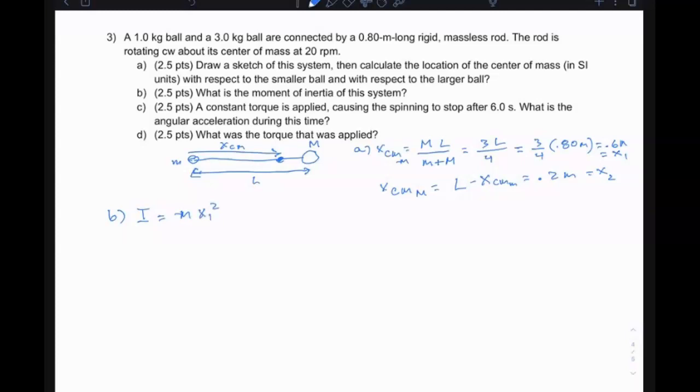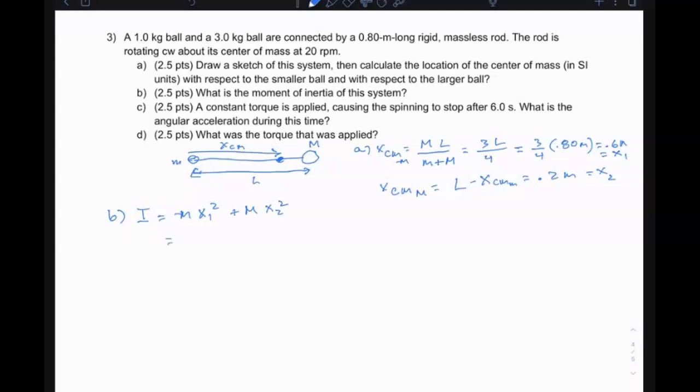And then the moment of inertia of the big mass is equal to its mass times its distance from the center of mass, x2 squared.